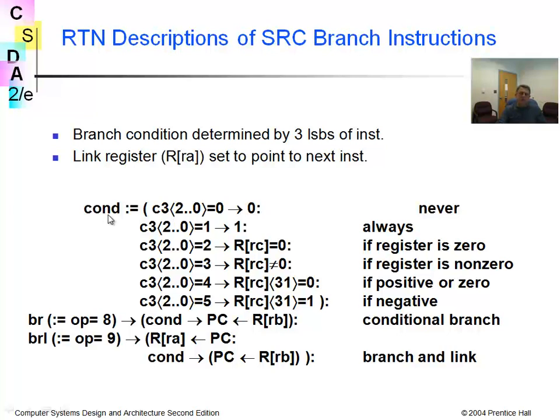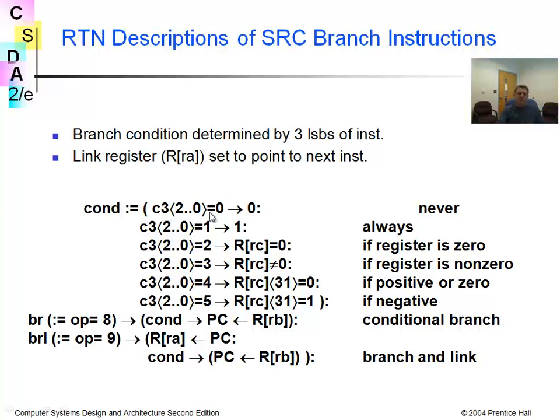In RTN, we define a variable as cont. The cont, we rename as the 3 least significant bits of the C3 field in the instructions. This tells me that the branch instructions are type 3 instructions, meaning they have an opcode, A field, B field, C field, and C3 field.